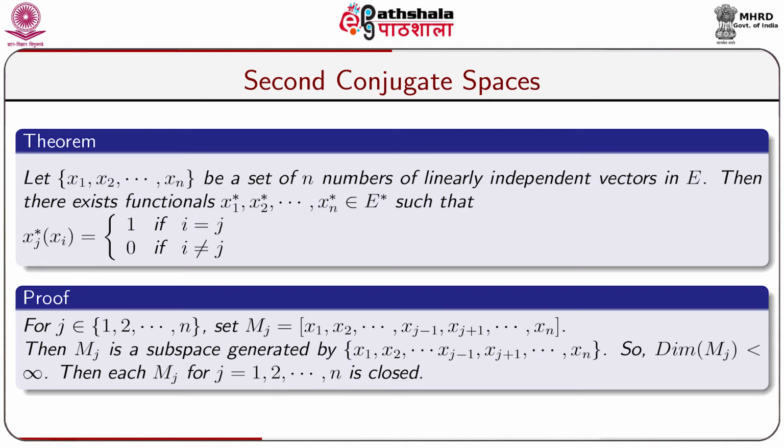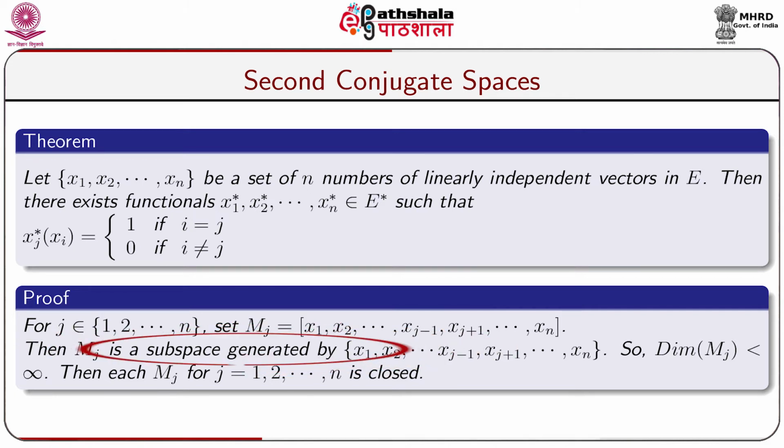The proof looks like this. For j belonging to the set of elements 1, 2, ..., n, consider a set capital Mj equal to the bracket x1, x2, ..., xj minus 1, xj plus 1, ..., xn, that is the subspace generated by x1, x2, ..., xj minus 1, xj plus 1, ..., xn excluding the element xj.